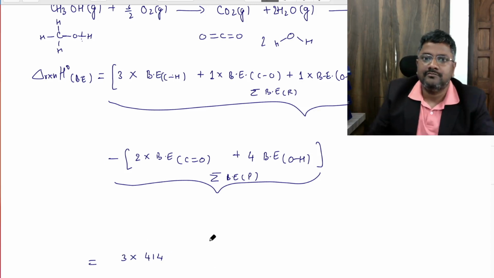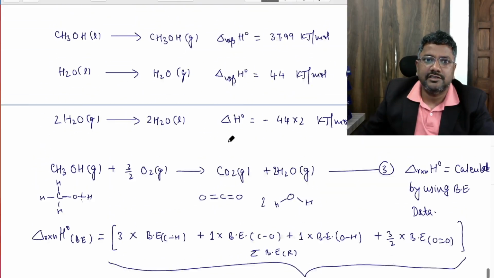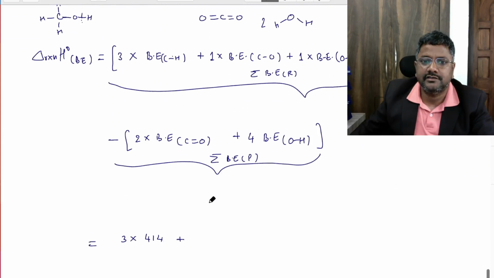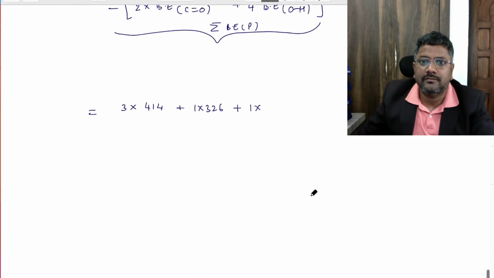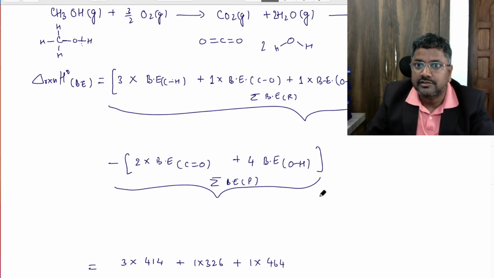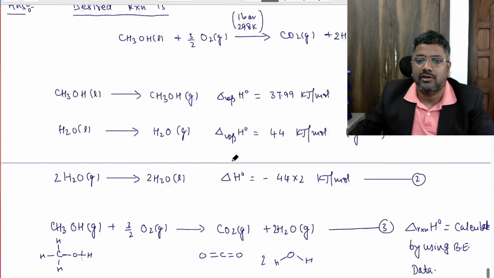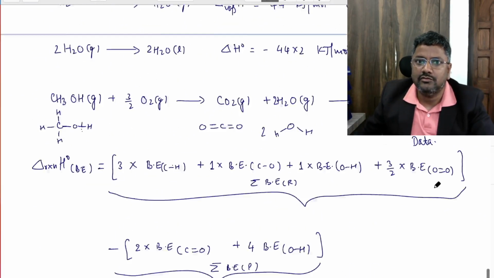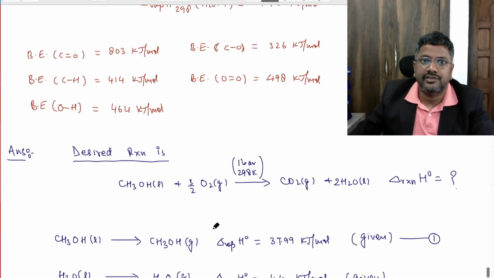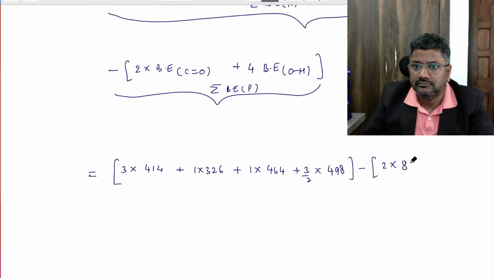Unit is same for all, plus 1 into bond energy of CO bond, C single bond O, 326. 1 into 326 plus 1 into OH bond, so 464, plus 3 by 2 into bond energy of O double bond O. O double bond O is 498, minus 2 into bond energy of C double bond O. So bond energy of C double bond O is 803, plus 4 into OH bond is 464.